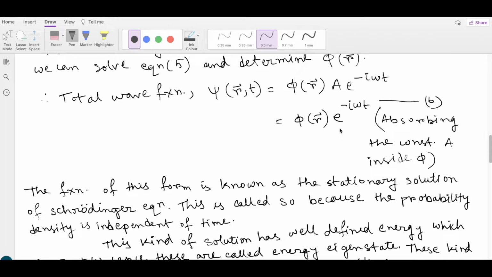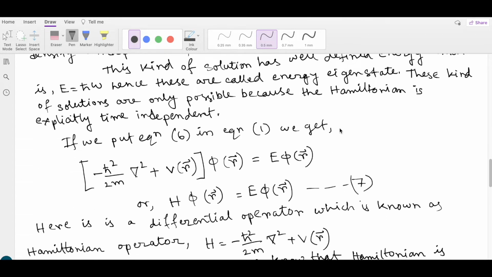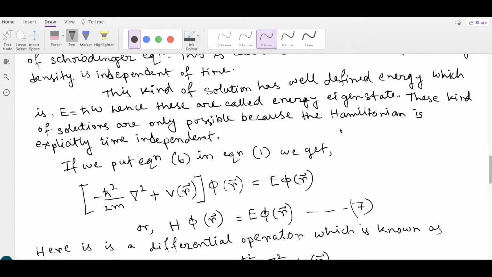This is called so because the probability density is independent of time. This kind of solution has a well defined energy, which is ħω. Hence these are called energy eigenstates.